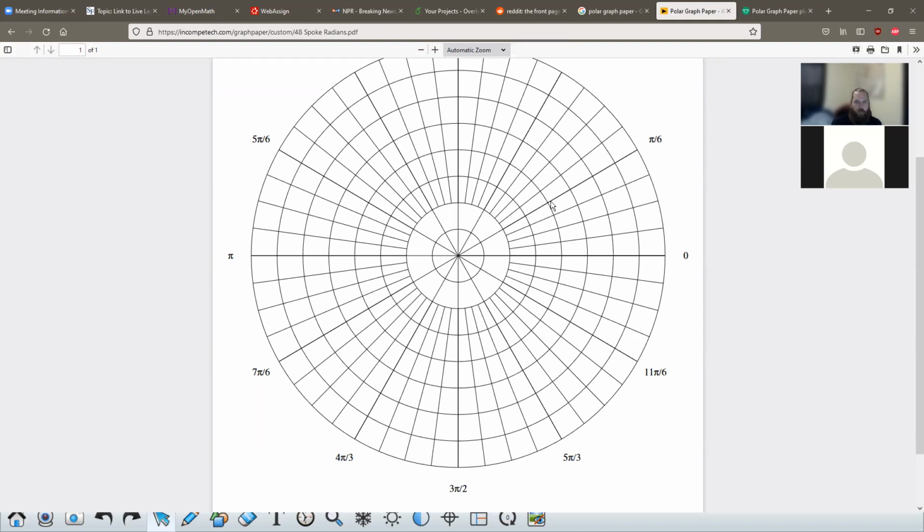If I wanted to get to the point, say, (6, negative pi over 4), I would walk out 1, 2, 3, 4, 5, 6. And then I would walk down in the negative direction by pi over 4, which is going to be back here. I guess right here. This would be (6, negative pi over 4).